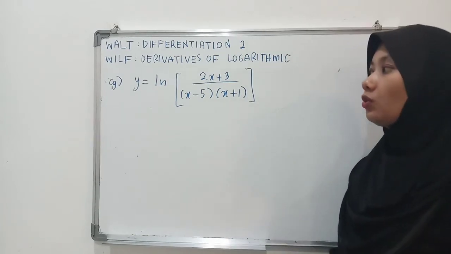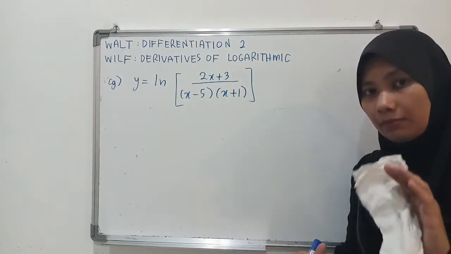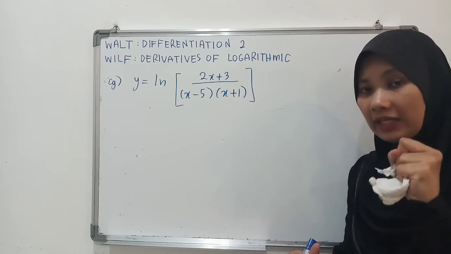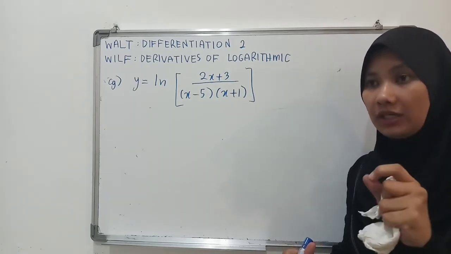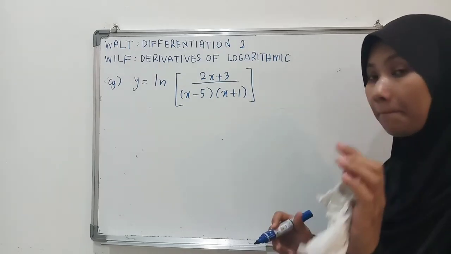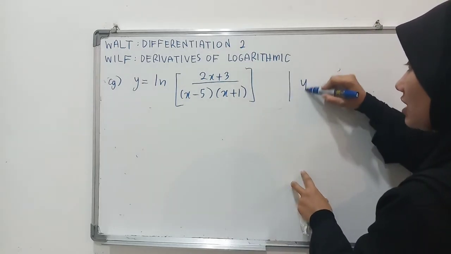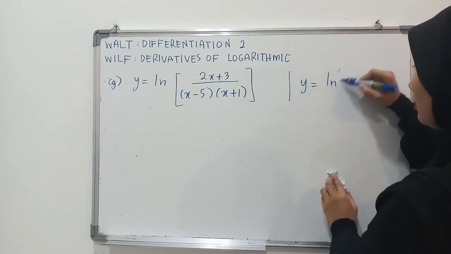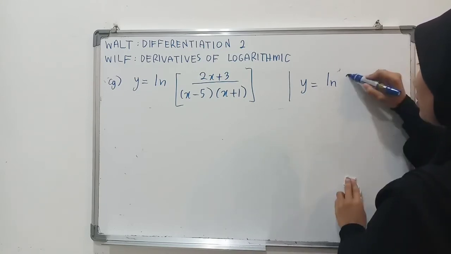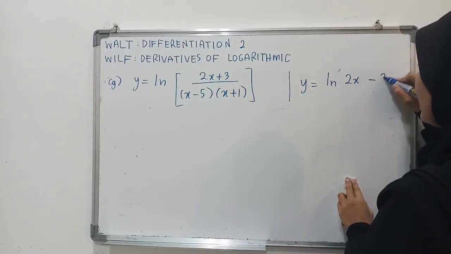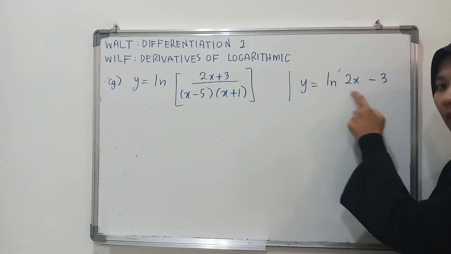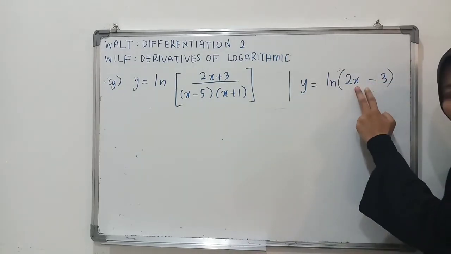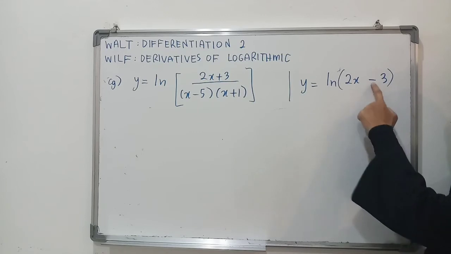Okay, so why do I really restrict? It's only for division and multiplication. Because if you have something like this, y equals ln(2x minus 3), that one is still a big term, but the terms are separated by subtraction.